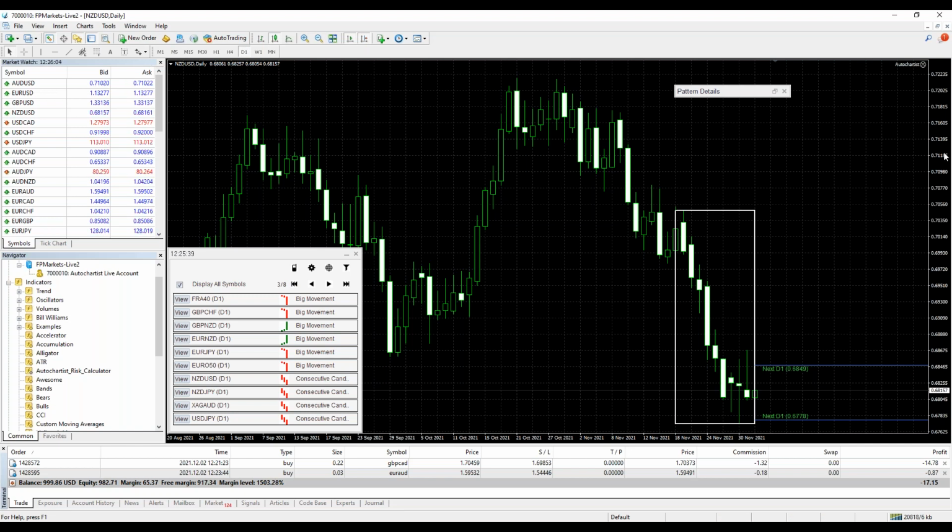I'm guessing that a few weeks ago, Autochartist probably would have identified something similar over here with the bullish candles, right? But obviously that's long gone, and so we're looking at the bearish candles over here.